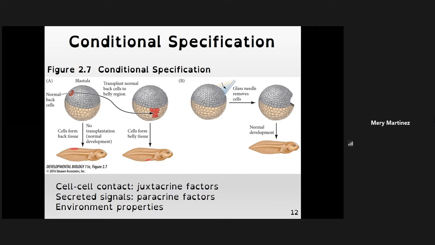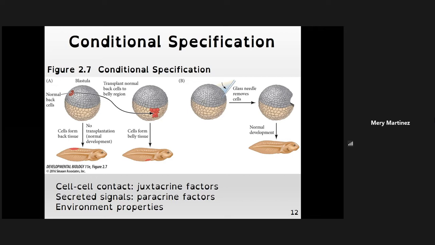So there are different ways how they can interact. Either cell-to-cell contact. When we have cell-to-cell direct interaction, they depend on Juxtacrine factors. So start keeping that Juxtacrine name in there. Tomorrow we want to be talking more about these things.